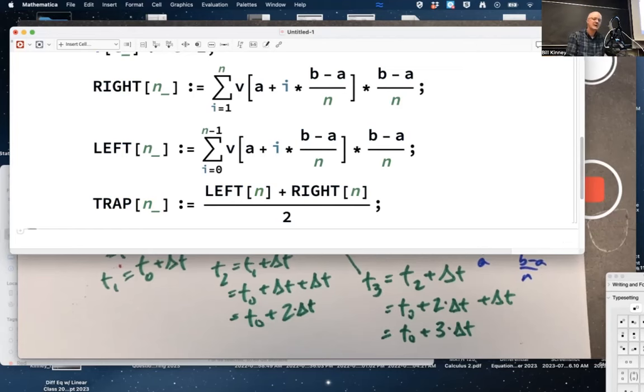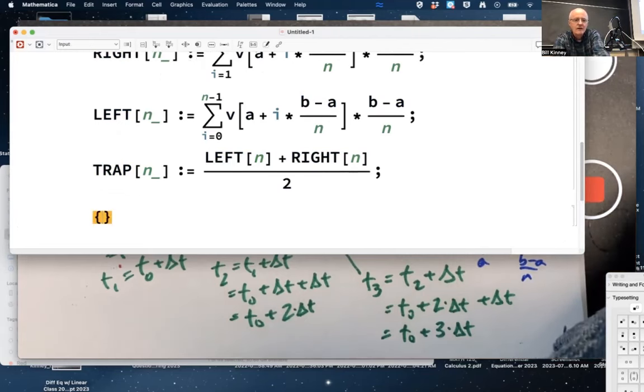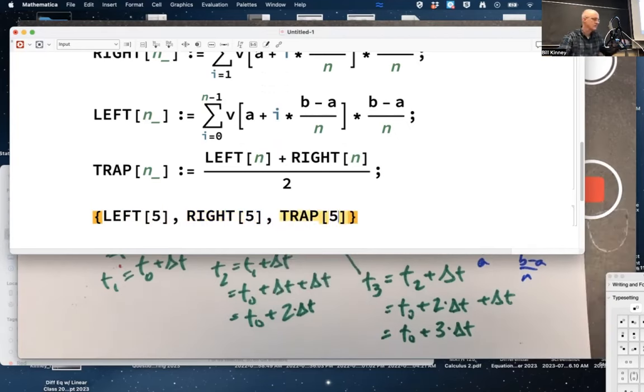What can I do with them? I can use them, for example, to confirm the answer as I got before, when n was 5. What answers did I get before?